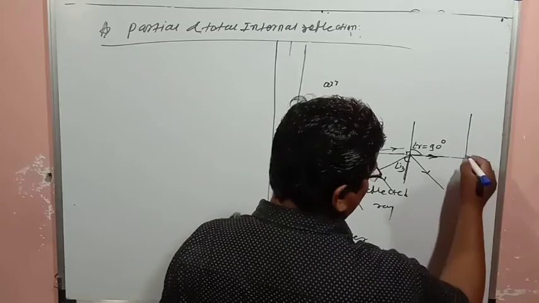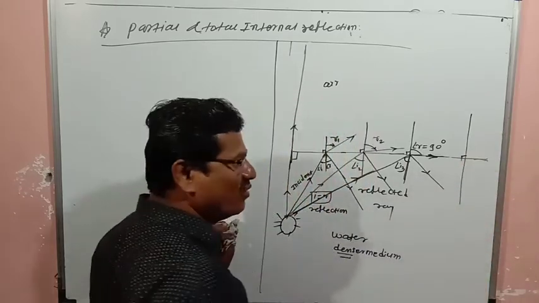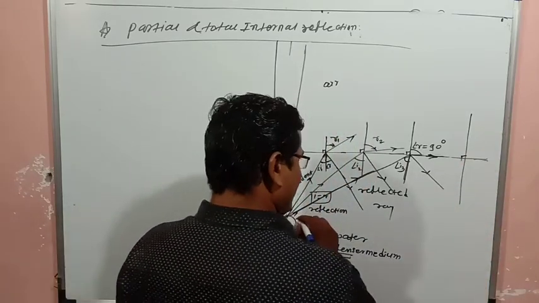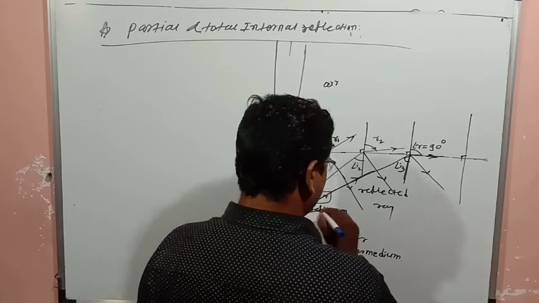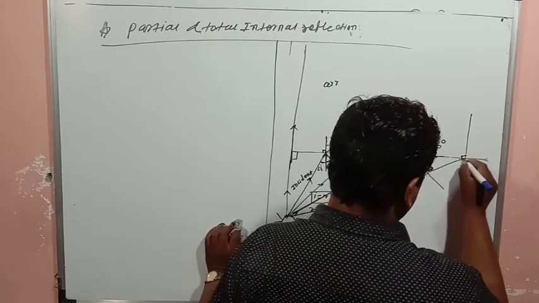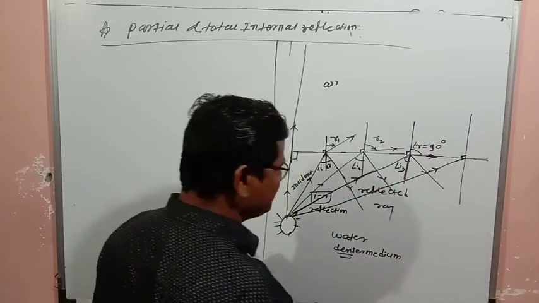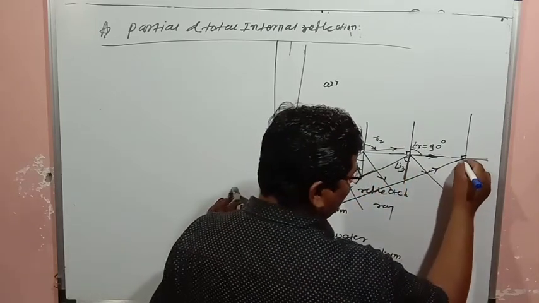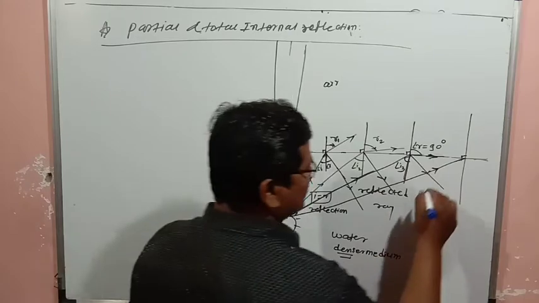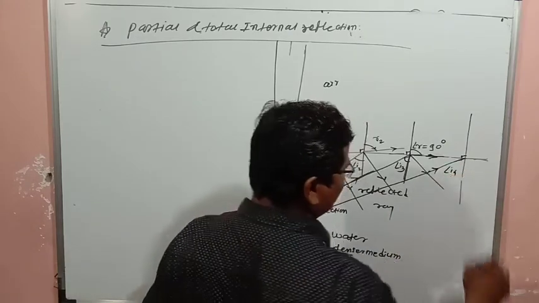Here the next case we'll take. Here the normal is there, and another incident light ray, suppose it will be incident like this way, this one will be the incident light ray. Suppose angle I4 is there.